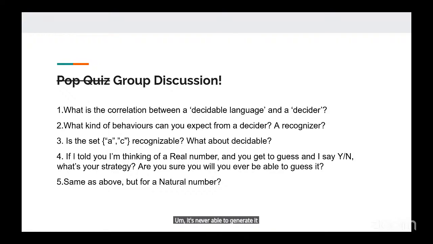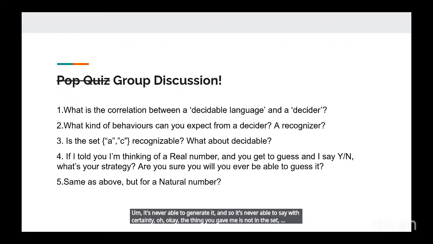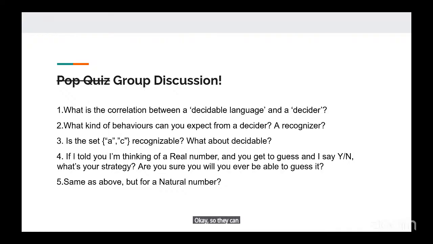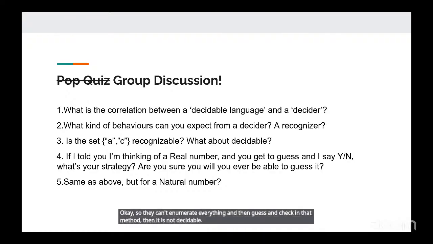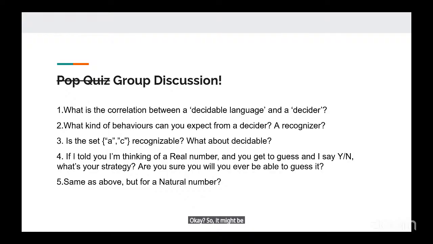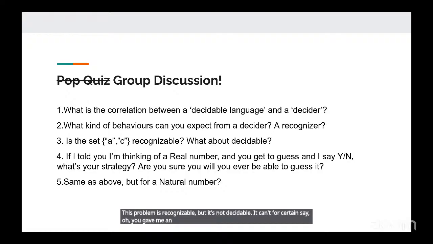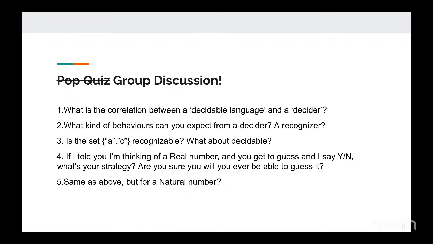And so it's never able to say with certainty, oh, the thing you gave me is not in the set, because it's just going to keep guessing and checking until the end of time. Right? So if it can't enumerate everything and then guess and check in that method, then it is not decidable. Okay? So it might be recognizable. This problem is recognizable, but it's not decidable. It can't for certain say, oh, you gave me an A, that's not in the natural numbers. Okay. Does that make sense? Hopefully.